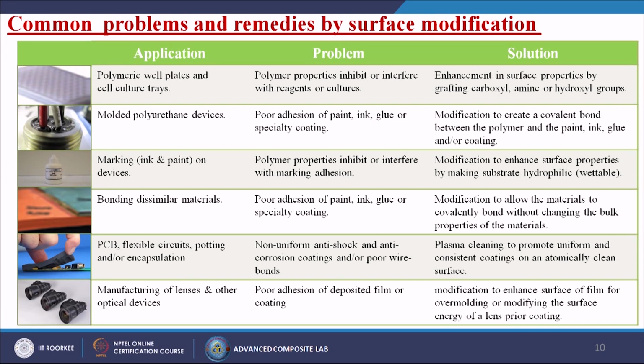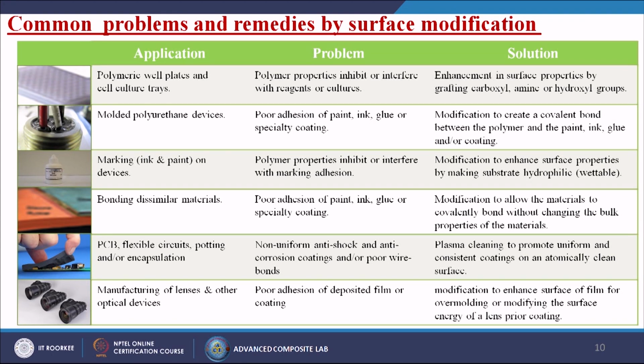Same thing we can go for with semiconductor materials or electronic devices like PCB boards, flexible circuits, potting or encapsulations. Non-uniform anti-shock and anti-corrosion coatings or poor wire bonds are problems we generally face in our day-to-day life. So what are we going to do?